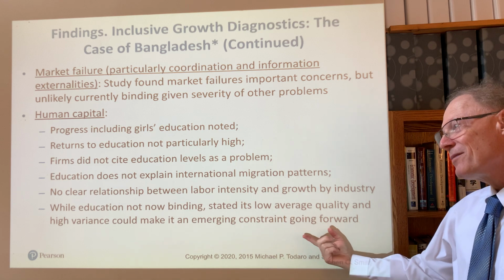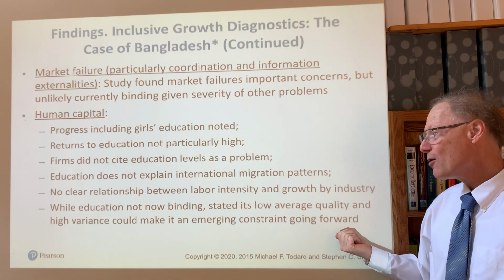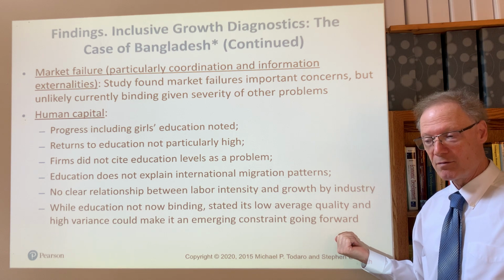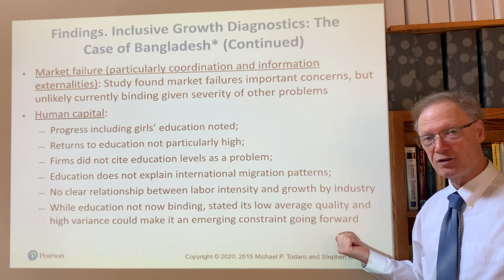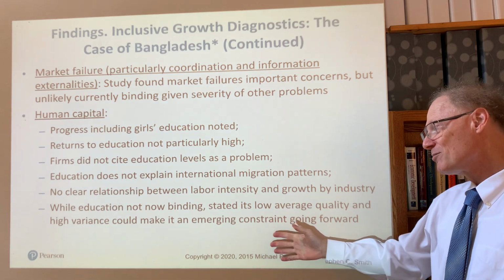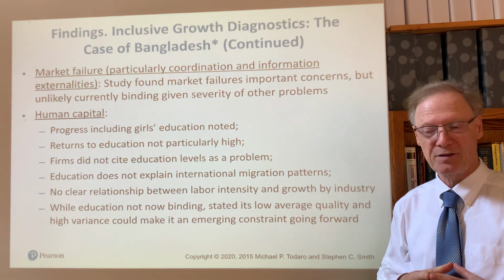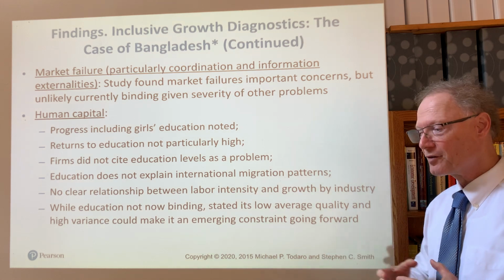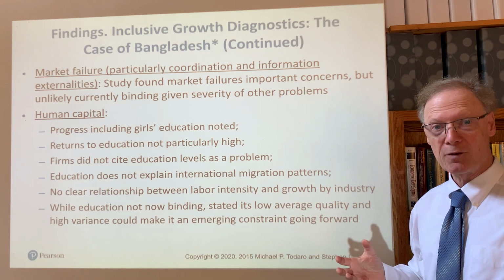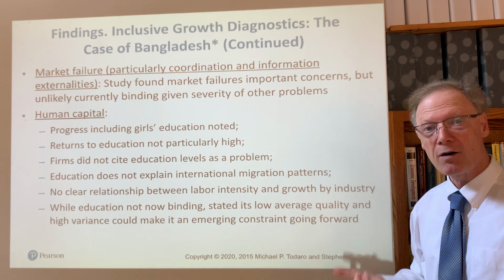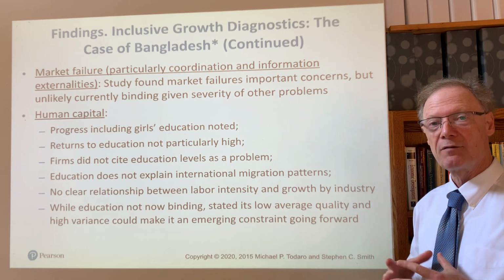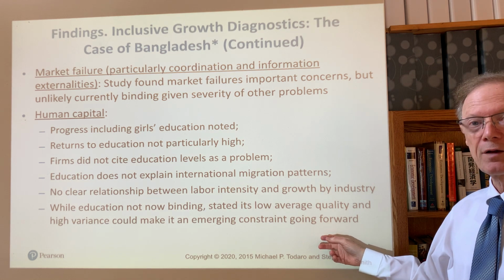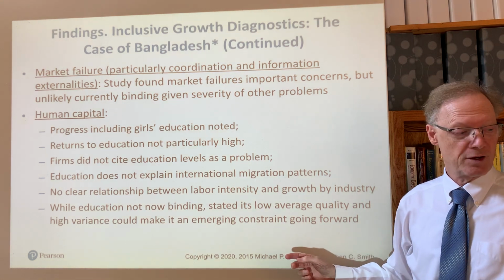And so they said, again, education's not now binding, but they did point out that despite that, there was evidence that education remains of low quality, and in particular, it has a very high variance. There are some schools, including elementary schools and high schools, that you can go to that are of very high quality, unfortunately many that are at fairly low levels of quality. And so they thought that it would make it a potential constraint going forward and should have some attention now.